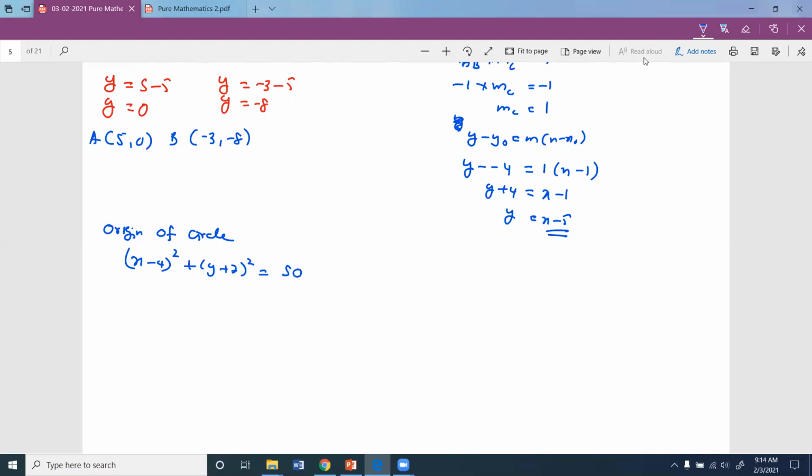Then from here we know that the centre O is (4, minus 7). We have to show that it satisfies this equation.